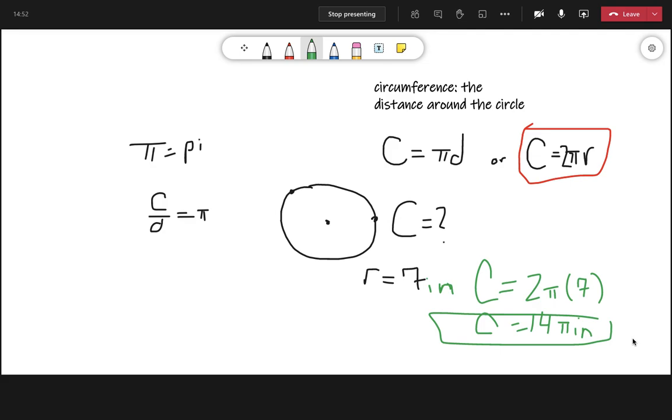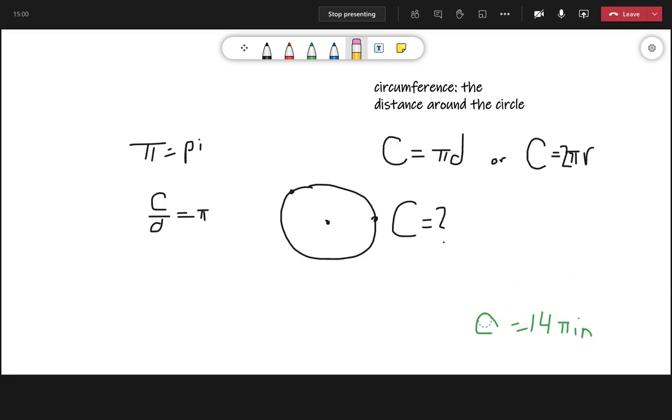Okay? Well, let's do a different one. Let's do one more. Find the circumference this time if diameter is equal to 12.5. Well, let's figure this one out.